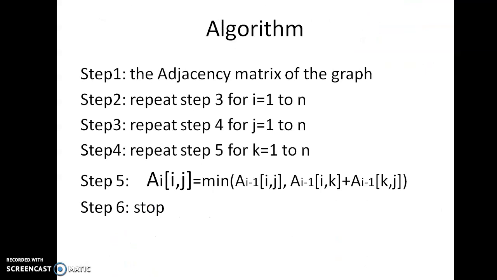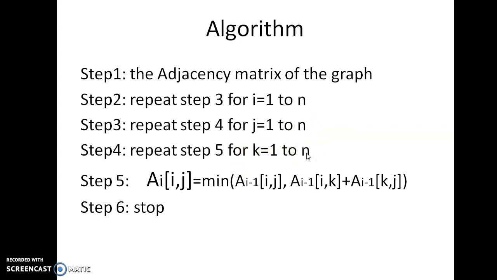And if you see the algorithmic implementation, at first in step 1 we are creating the adjacency matrix called A0 of the graph, and then we are taking the i value varying from 1 to the number of rows, and j value varying from 1 to the number of columns, and k value varying from 1 to the number of rows or columns.